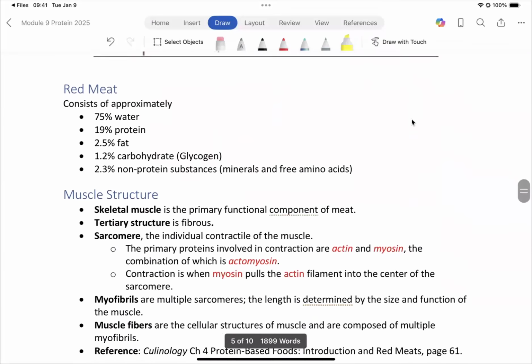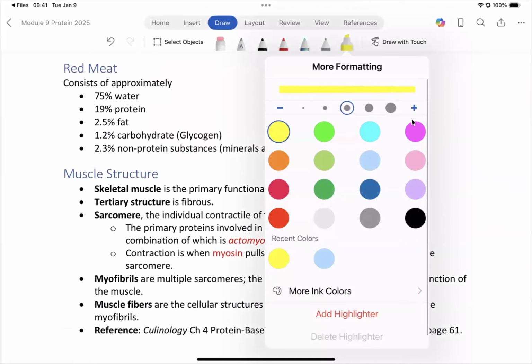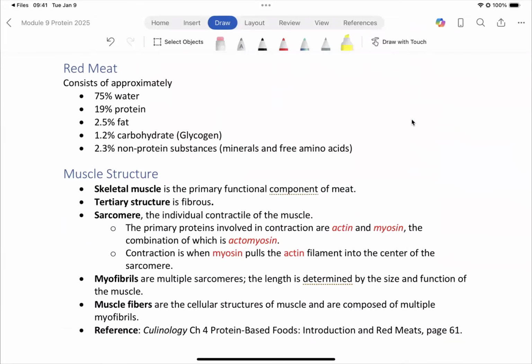Okay. So now let's go back to Trevor with his red meat, right? Red meat per se is about 75% water, 19% protein, and 2.5% fat.